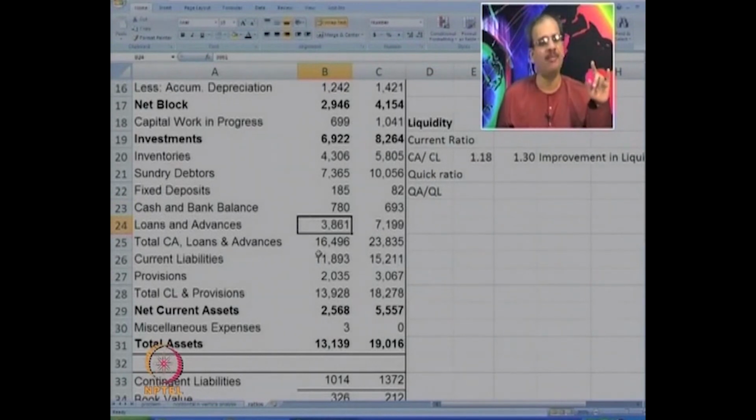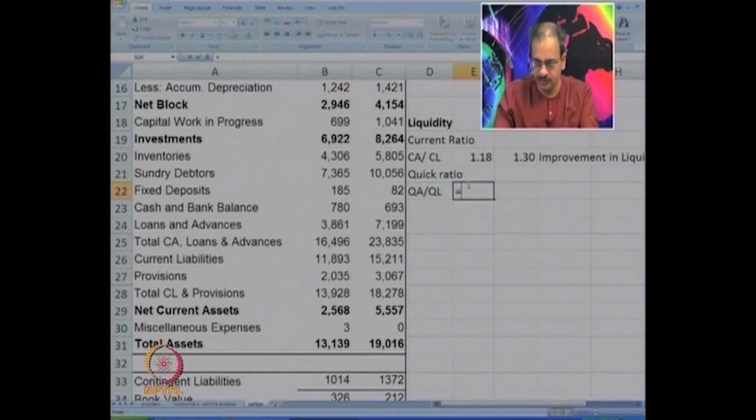And in case of liabilities, we will include both current liabilities as well as provisions. So, we need to include debtors plus fixed deposits plus cash and bank divided by the total current liabilities.